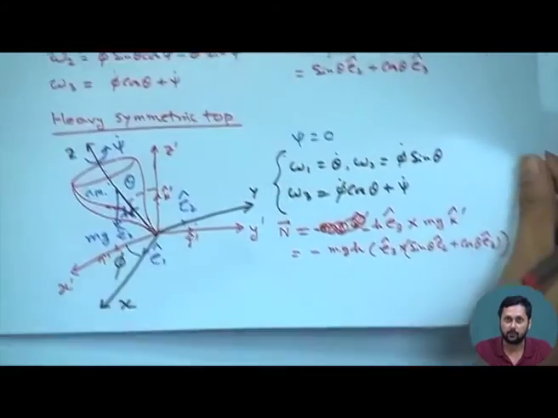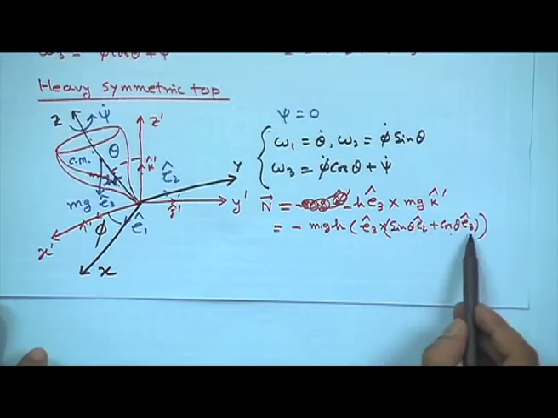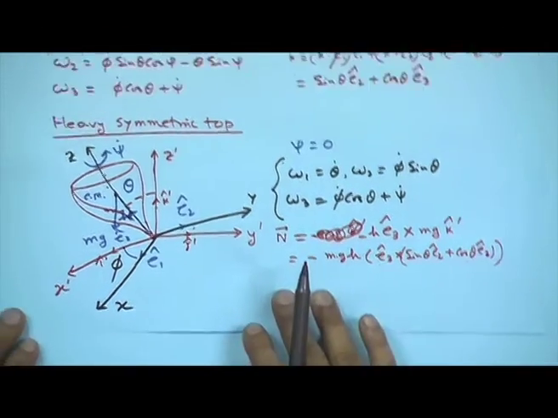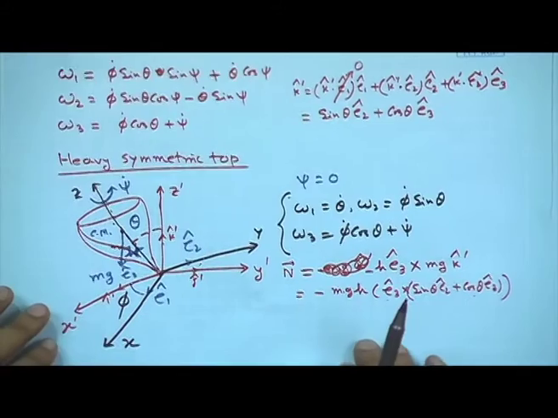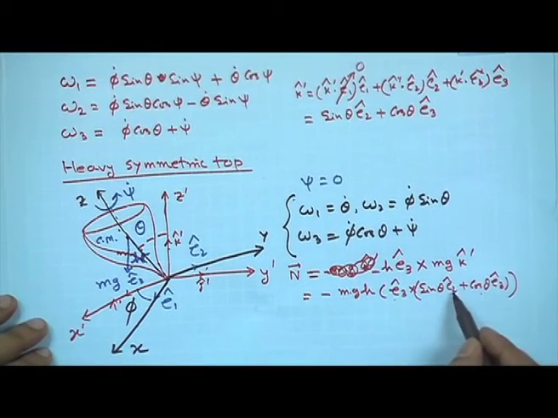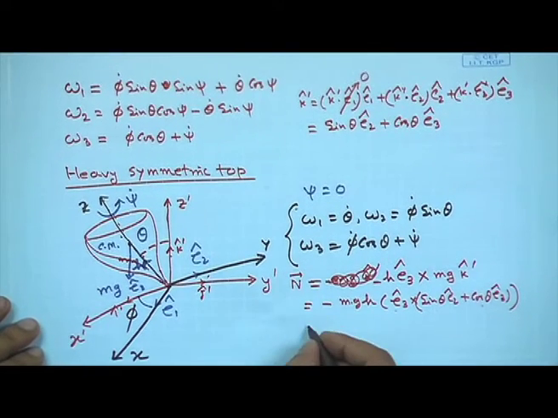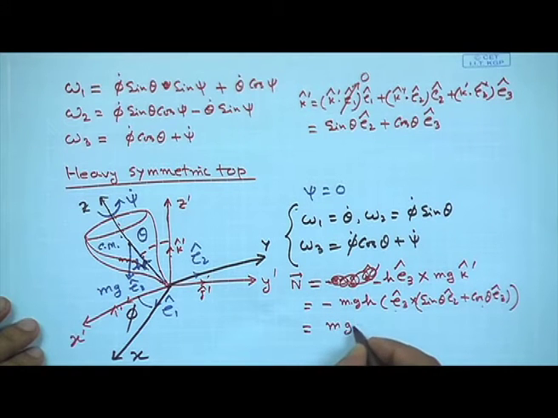This will vanish because it has E3 in here. So, the only surviving term will be E3 cross E2, which is minus E1. There is a minus sign here, okay. So, this will give you mgh sin theta E1 cap.